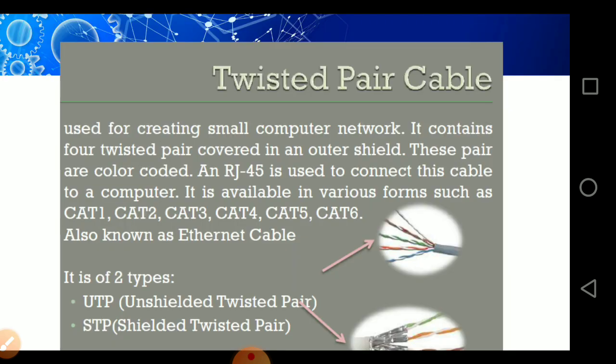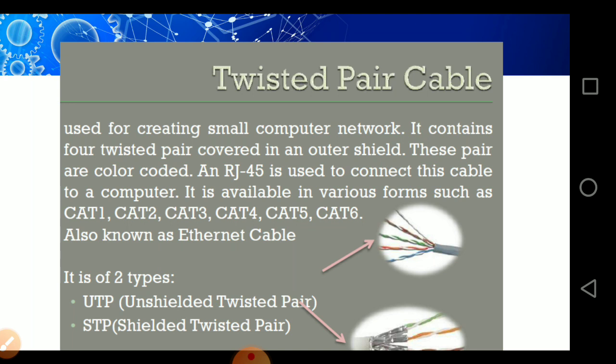The twisted pair cable is used for creating a small computer network. It contains 4 twisted pairs covered in an outer shield. Just like in the picture, you can see that the wires are twisted among themselves, and each wire is color coded also. An RJ45 connector is used to connect this cable to a computer. You might have seen at the back of network cables a plastic transparent jack.